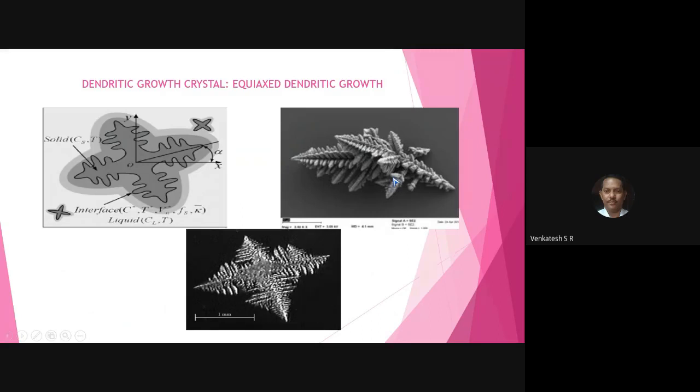Please, all of you write down: dendritic growth of the crystal, colon, equiaxed dendritic growth.